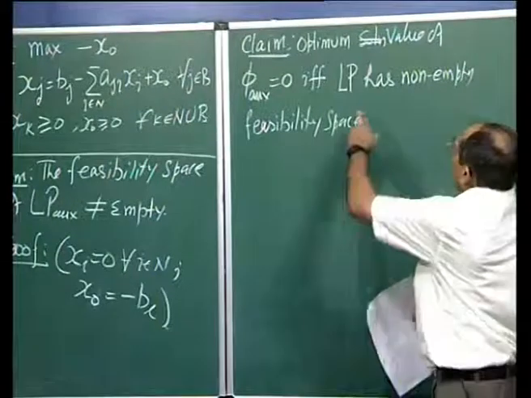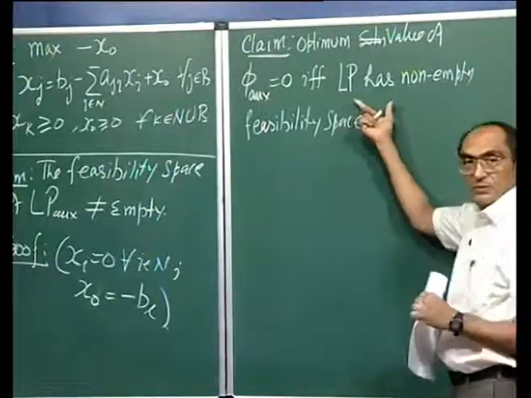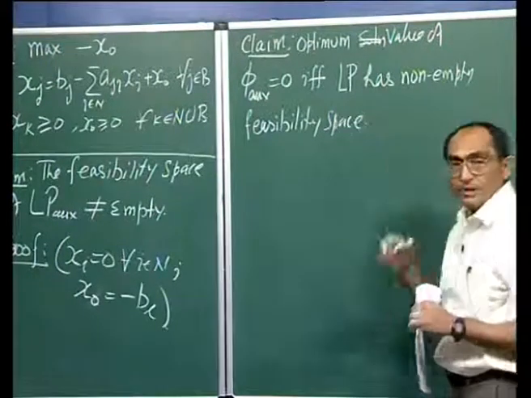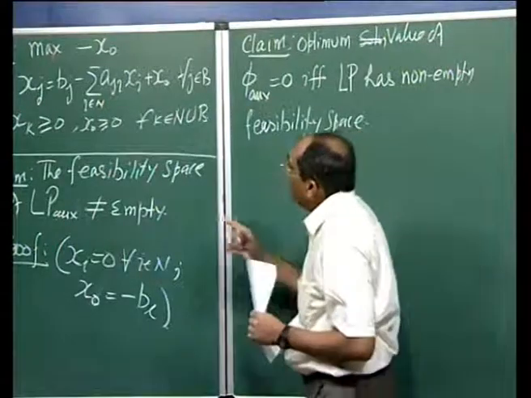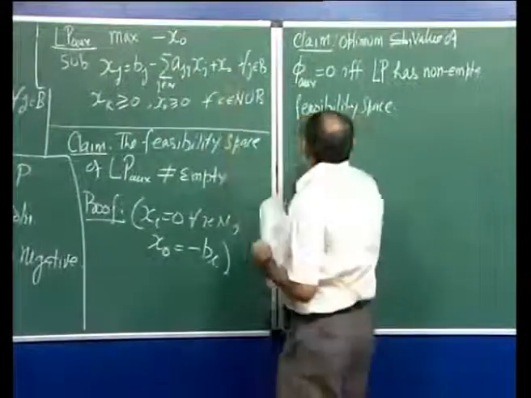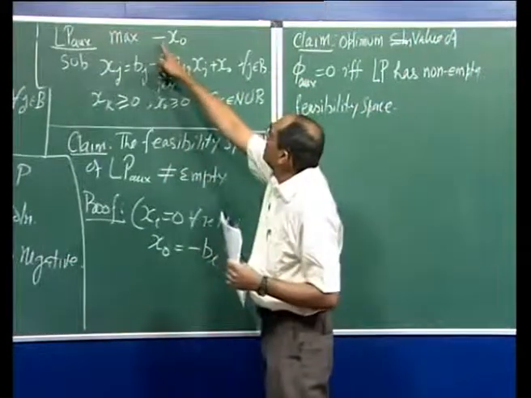That is to say, there exists at least one solution which satisfies the conditions of the LP, if and only if the optimum value of this program is 0. The way to see this claim is that notice this is minus x naught.